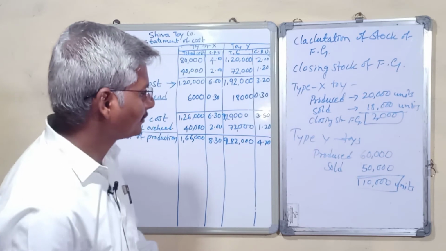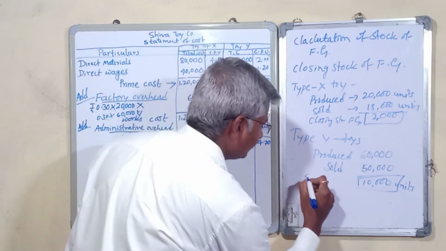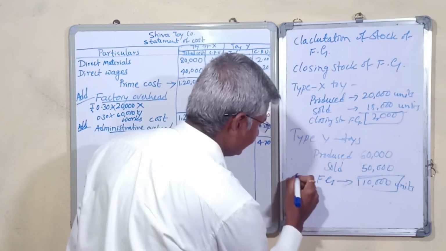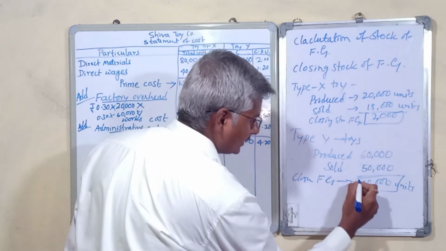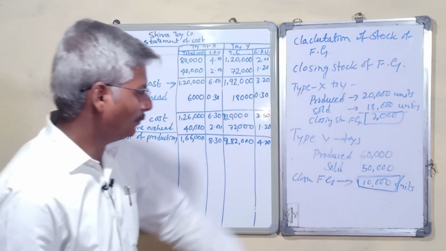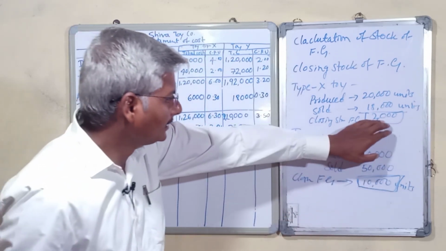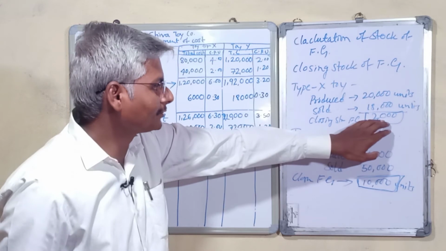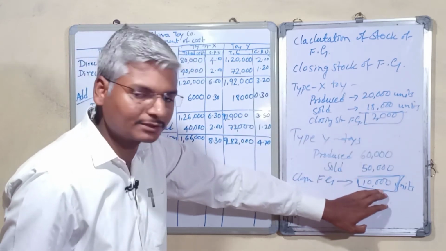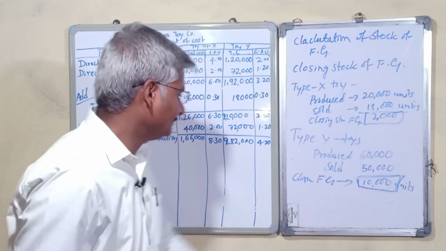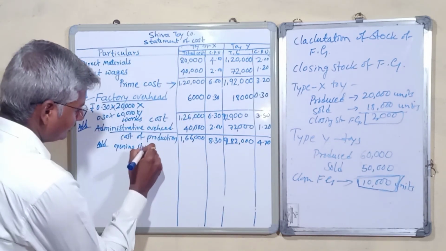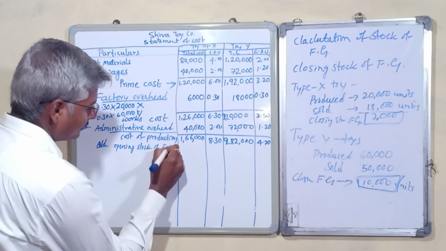So closing stock of finished goods is 10,000 units of Y, and this would be our closing stock of finished goods of type X and closing stock of finished goods of type Y. You can write here add opening stock of finished goods.